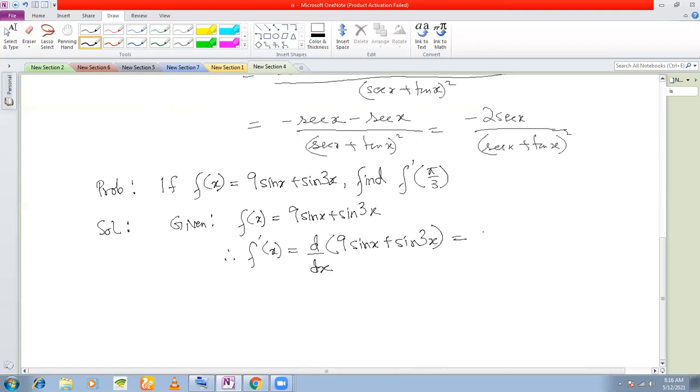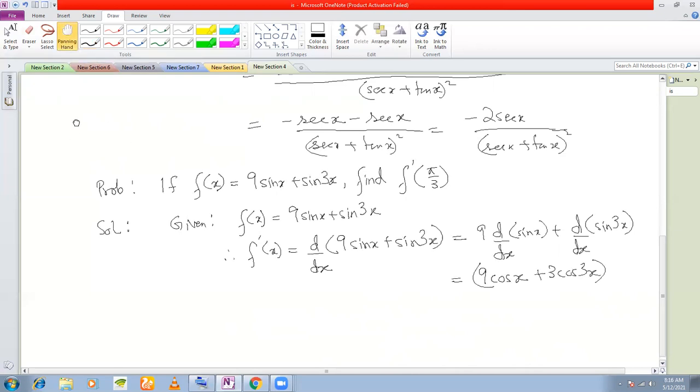Now if you differentiate this, you get 9 d/dx sin x plus d/dx sin 3x. Now you can separate here, d/dx of sin x is cos x, and d/dx of sin 3x, what did we know about sin(ax+b)? 3 cos 3x, right?